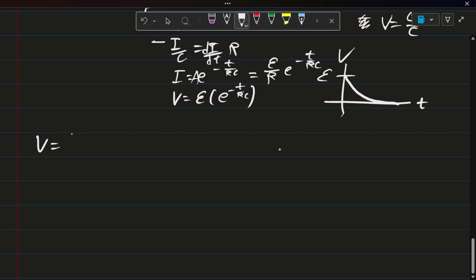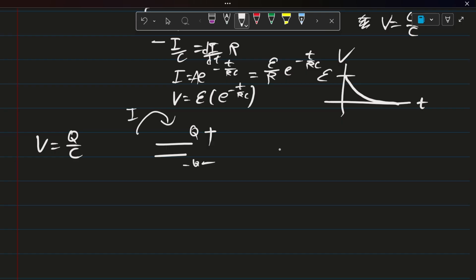So V equals Q over C. So it will be pretty much the voltage difference here. This is the Q, this is negative Q. And let's state that going here is I. So taking the derivative, the dV over dt should equal I over C, because if the I is positive, it means that there's a buildup of charges. So we would get this relation.